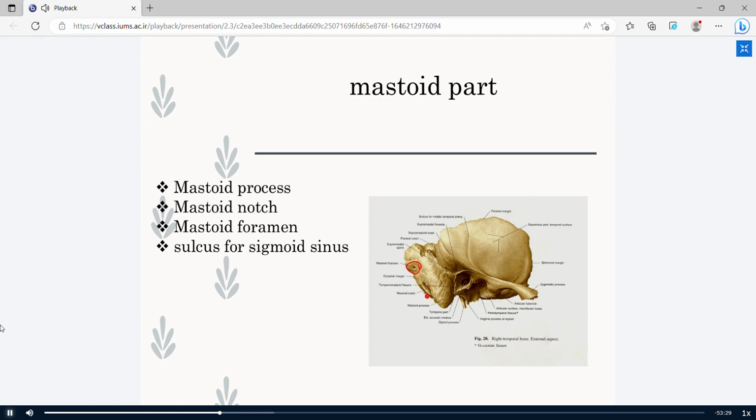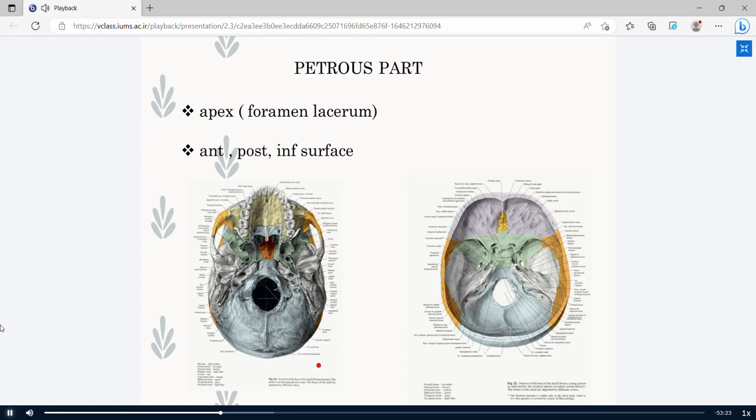This groove, the occipital groove, is for passing the occipital artery. In this picture it is clear. This is the mastoid process. This is the mastoid notch, and this is the occipital groove for passing the occipital artery.